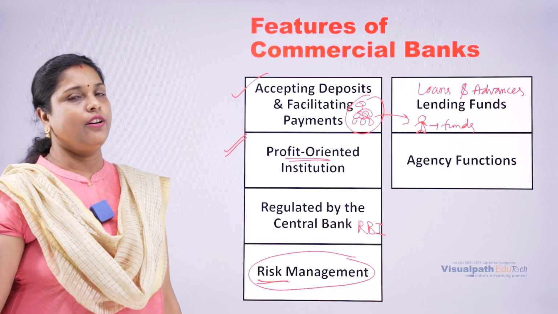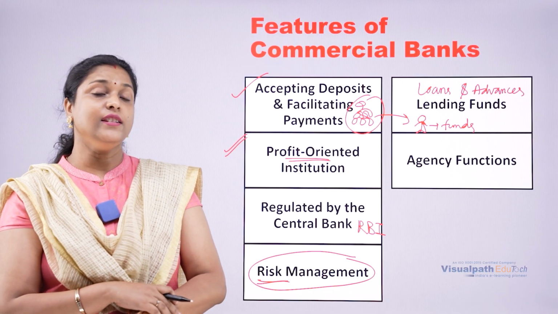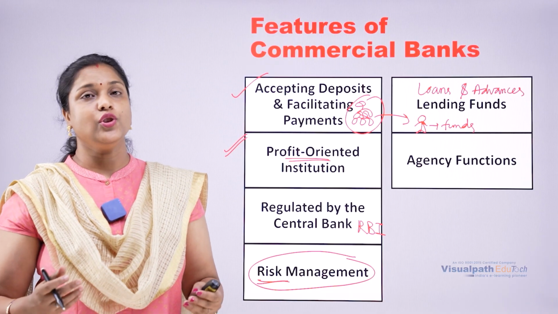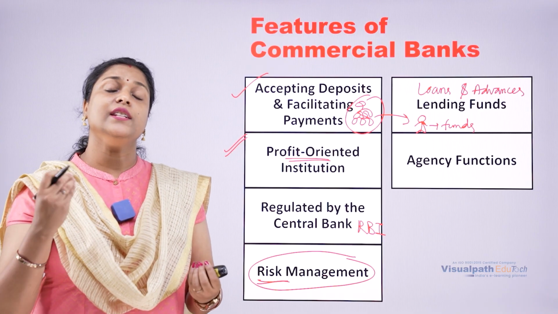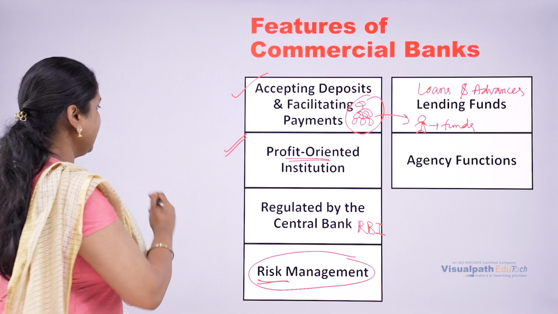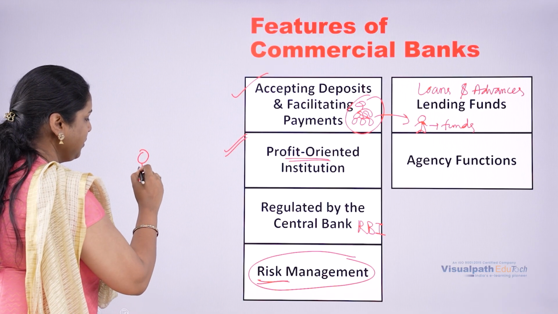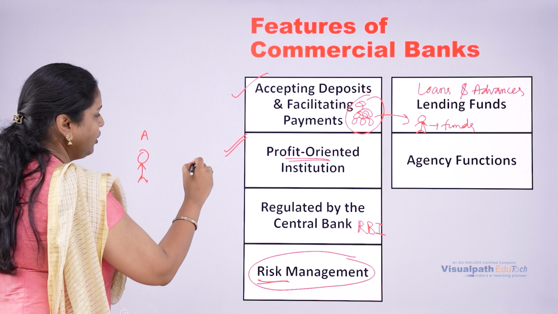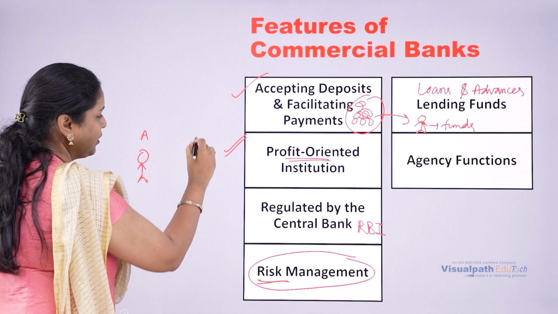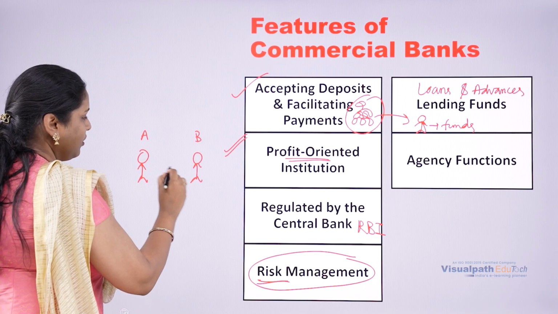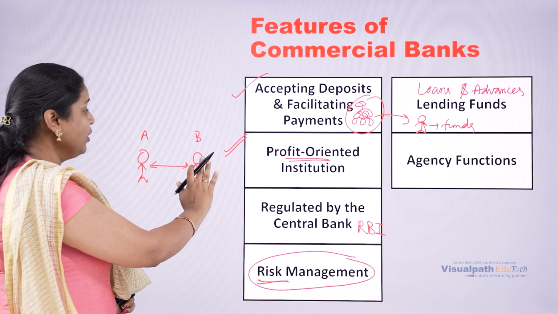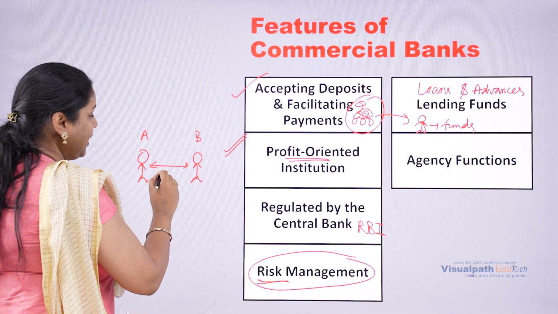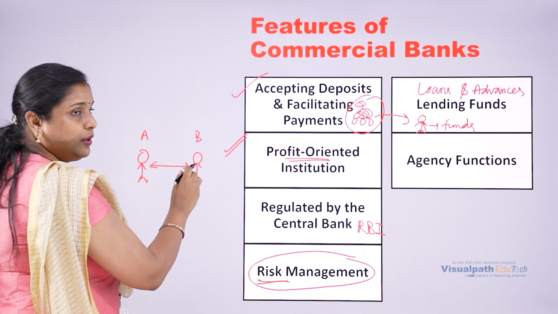Then agency function. They also act as agent for the general public. Now, why do they need to be an agent? Whenever we are transacting with someone, let's say person A wants to give some money to person B. So B has sold something to A and A has to give that money to B. But how is A giving the money to B?